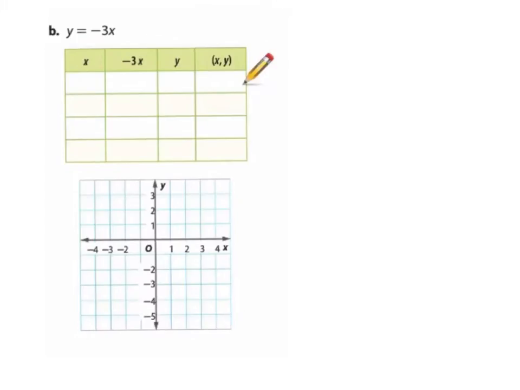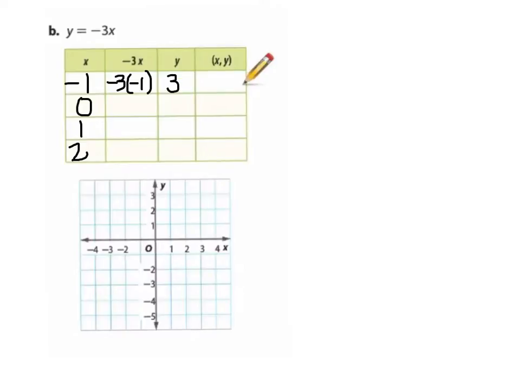We have, in this example, y equals -3x. I'm going to go ahead and do the first line, and I would like for you to solve the rest of the table and then graph it. Starting off with the first one, we're using our same x values we talked about before: -1, 0, 1, and 2. Inputting it for our first one, we have -3 times -1. -3 times -1 gives me a positive 3.